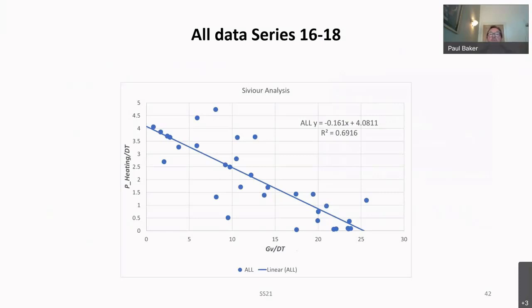If we plot all the data, then, as you can see, there's not a particularly good correlation, but the actual U value, the intercept on the y-axis, we know that is not a bad estimate.